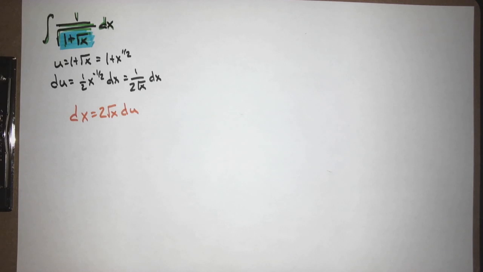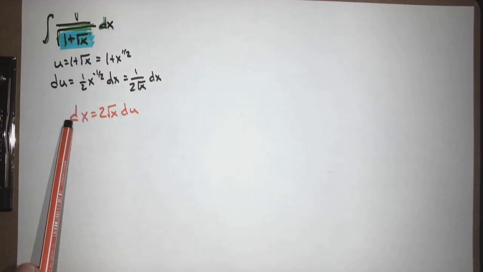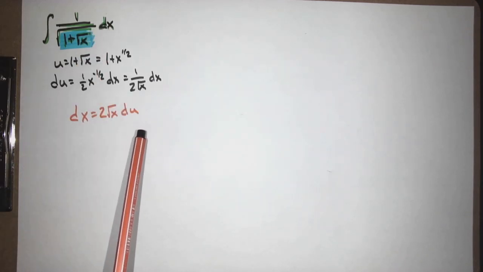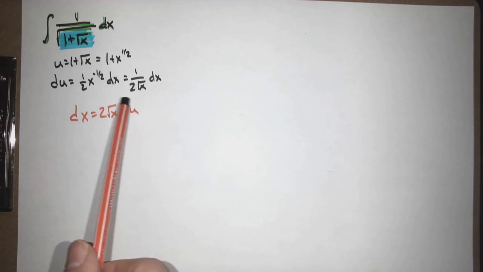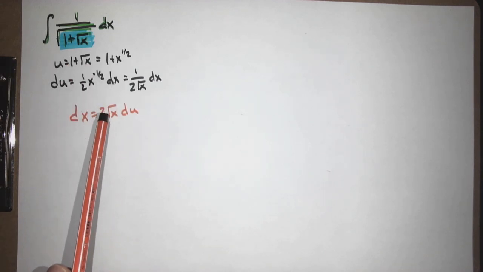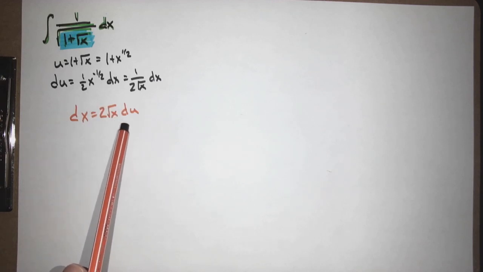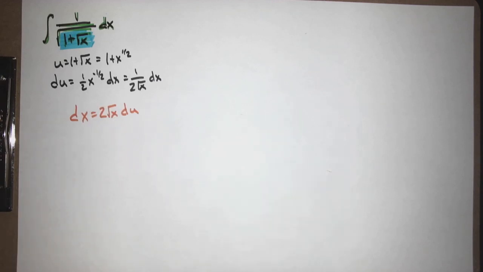Now, this is good in some sense, but it's not great in another sense in that we still have x's. We want to get all the x's gone. I don't want that square root of x left after I carry out my substitution.